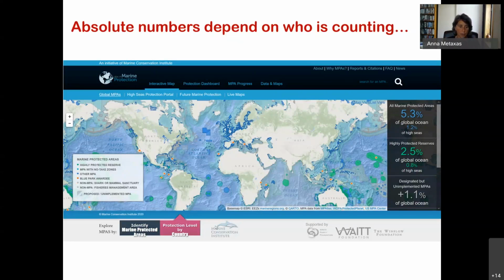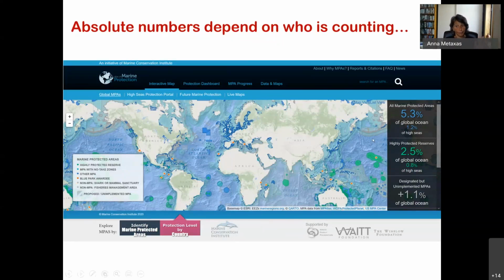And so what is there, and this was what was there in, well, sometime in early 2020, January 2020, all the marine protected areas in the world were 5.3%. Right? That was only 10 months ago, or not even 10 months ago, and we know the world has shut down since then.